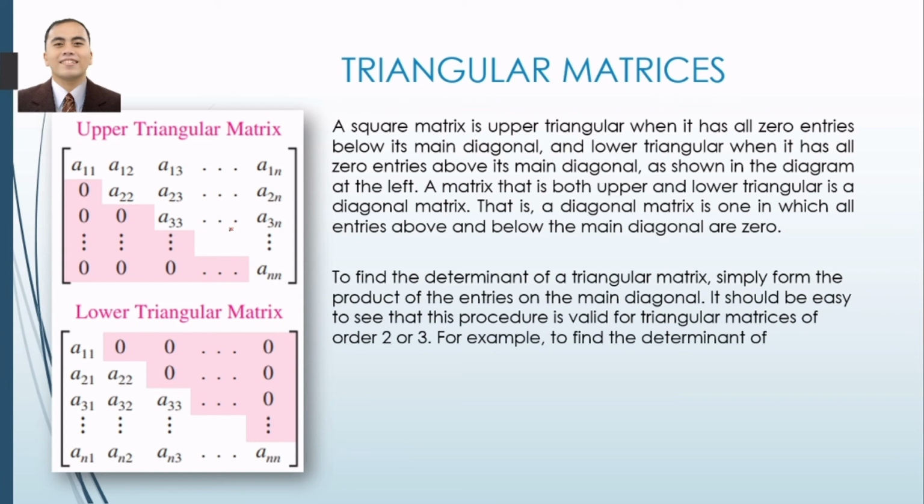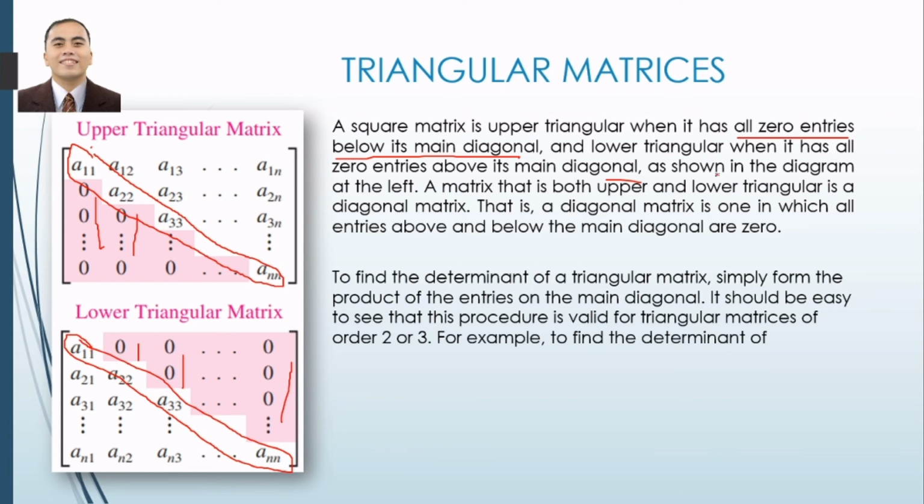Again, the entries below the main diagonal are 0, because this is the main diagonal. And it is lower triangular when it has all zeros above the main diagonal. So here, above this one.